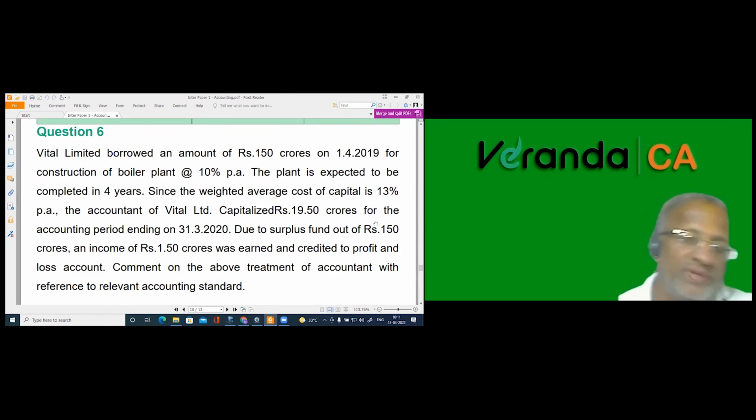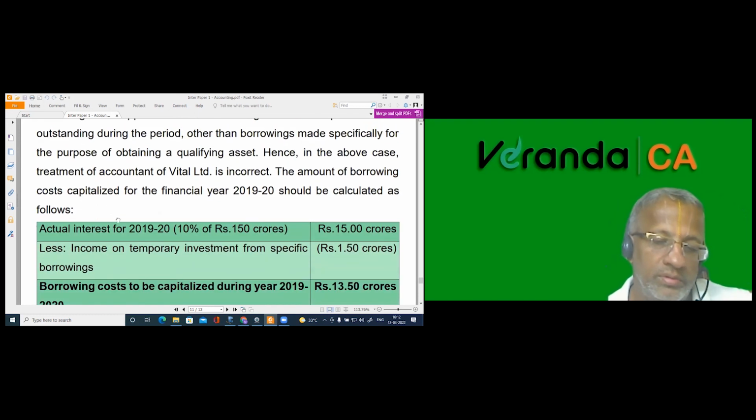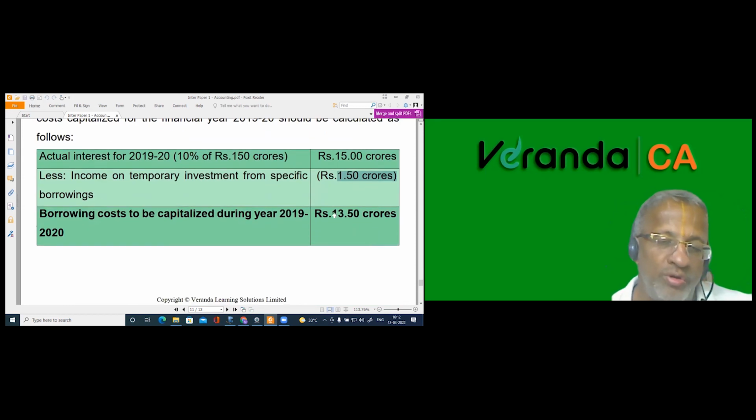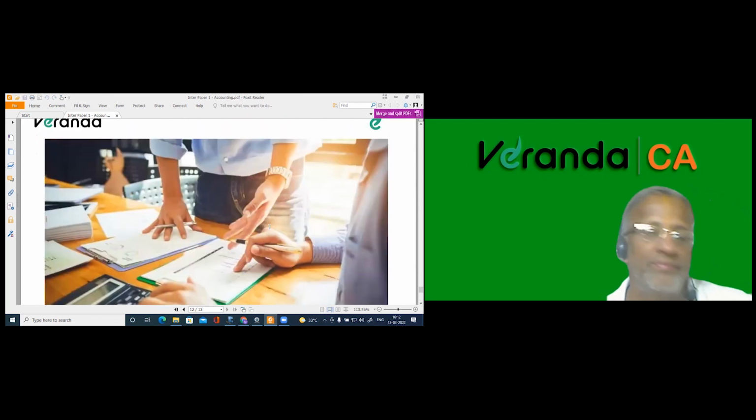And the surplus funds, 1.5 crores they have earned and credited to the P&L account, has to be deducted. The weighted average cost of capital is not required. So 15 crores is the gross, income from temporary investment is 1.5, and the borrowing cost to be capitalized is going to be 13.50 crores.